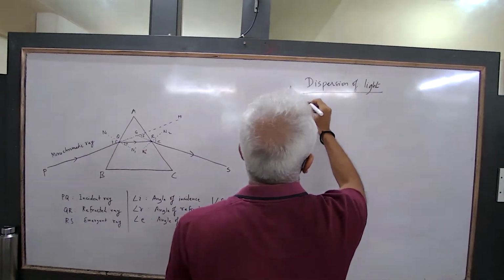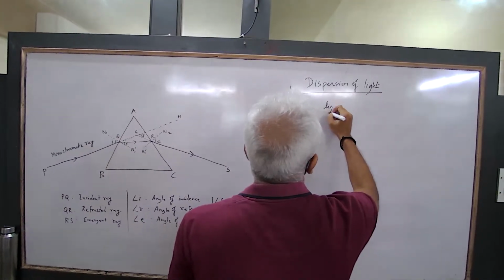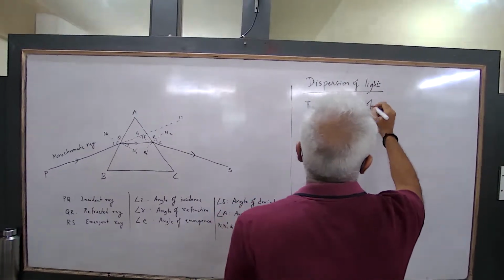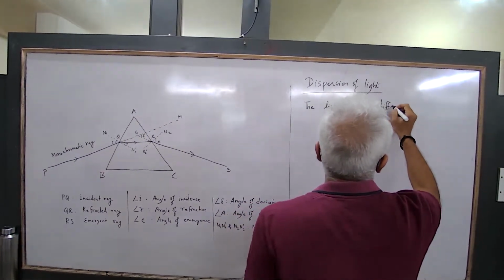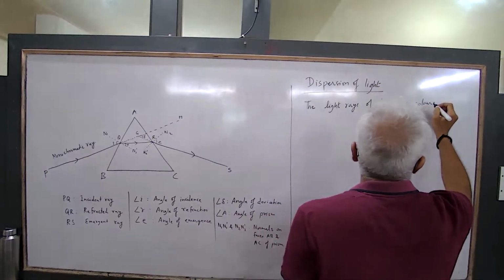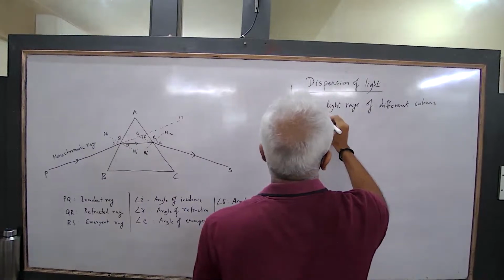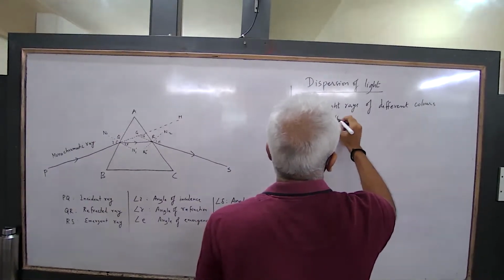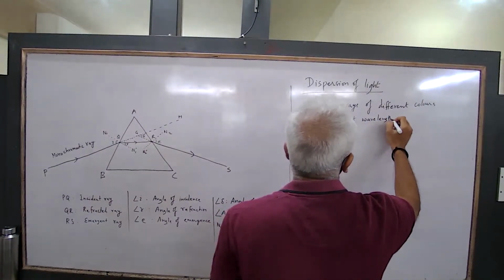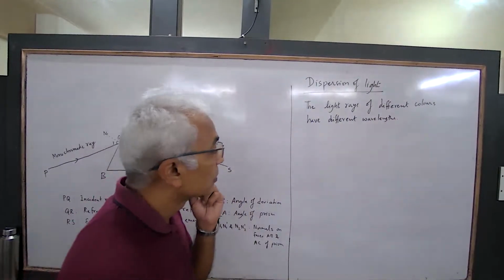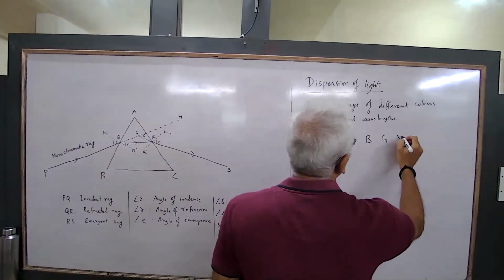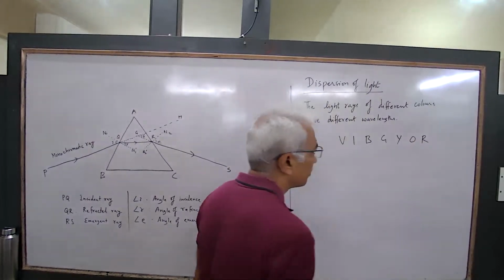The light rays of different colors have different wavelengths. Okay. So what colors are we aware of? Red color. These are the 7 colors we are aware of.